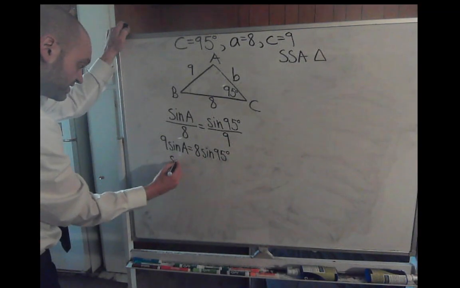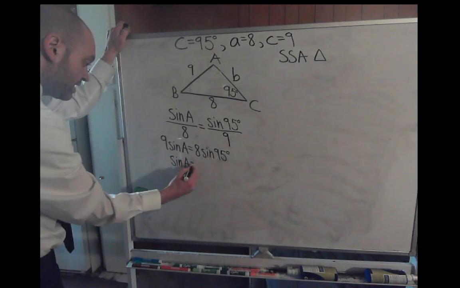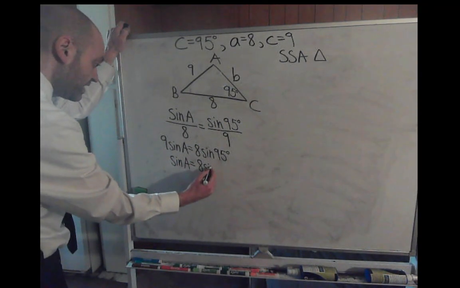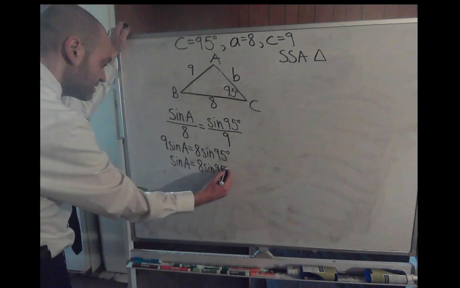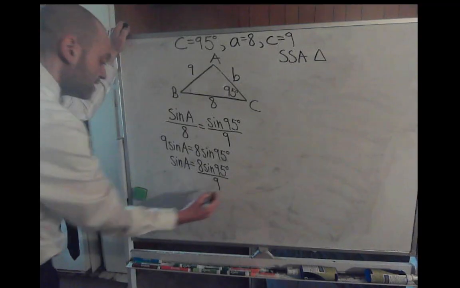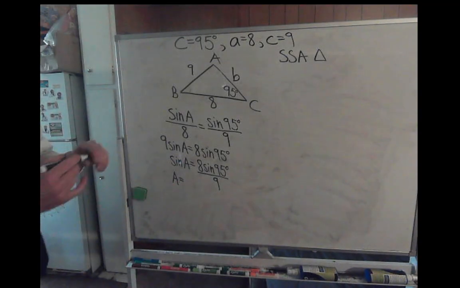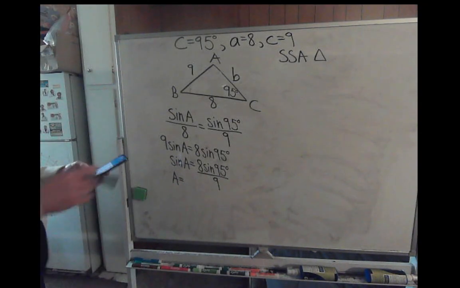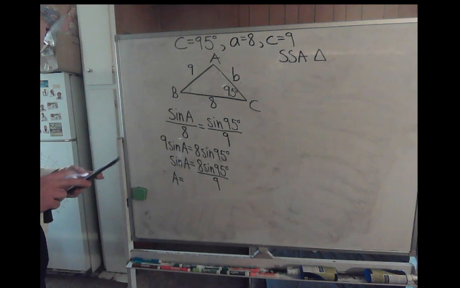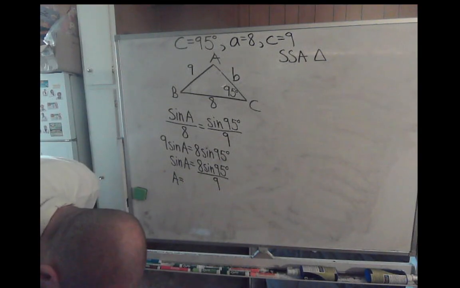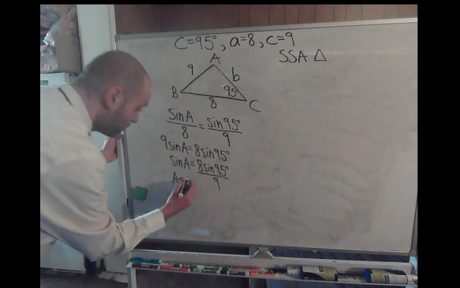So then you would get that the sine of A equals 8 times the sine of 95 degrees divided by 9. So then you just take the inverse sine of both sides and you'll get angle A. And then you would end up getting 62.31 degrees.